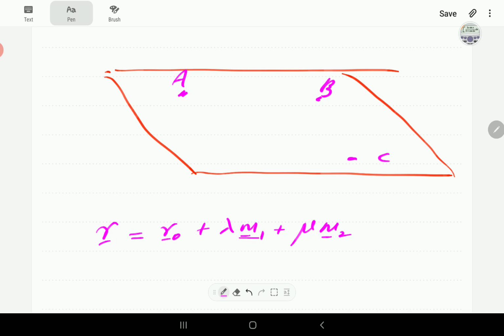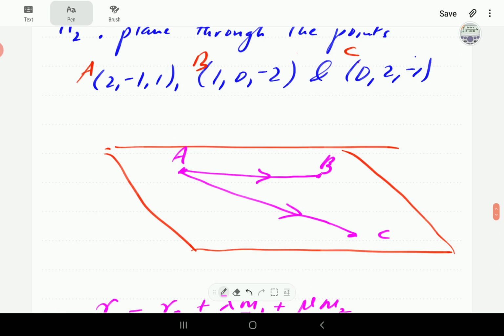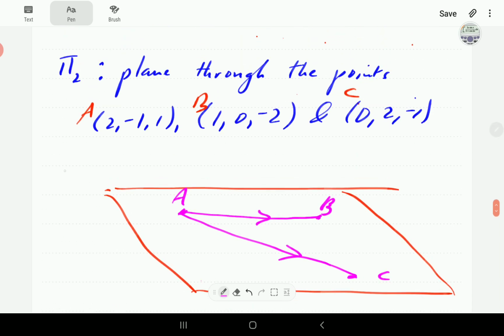Then we need 2 direction vectors, which we can define as follows. The first one can be AB, the other one could be BC or AC. Any of those will work. I'll do AC. So for AB, I'll do these here.